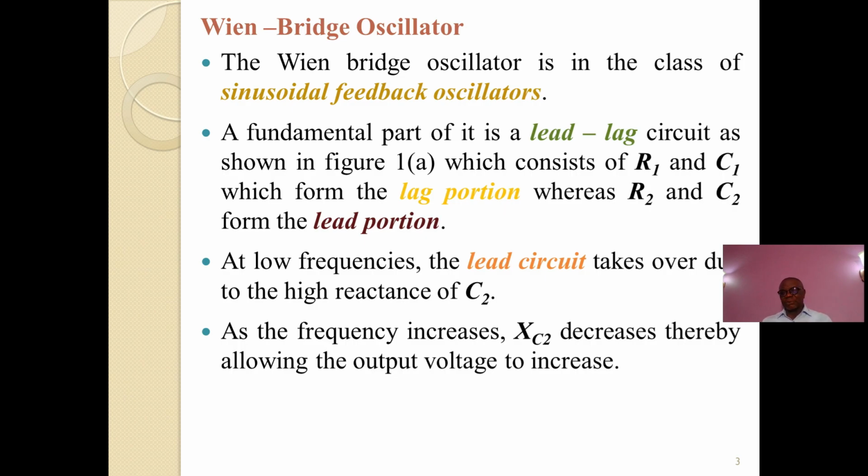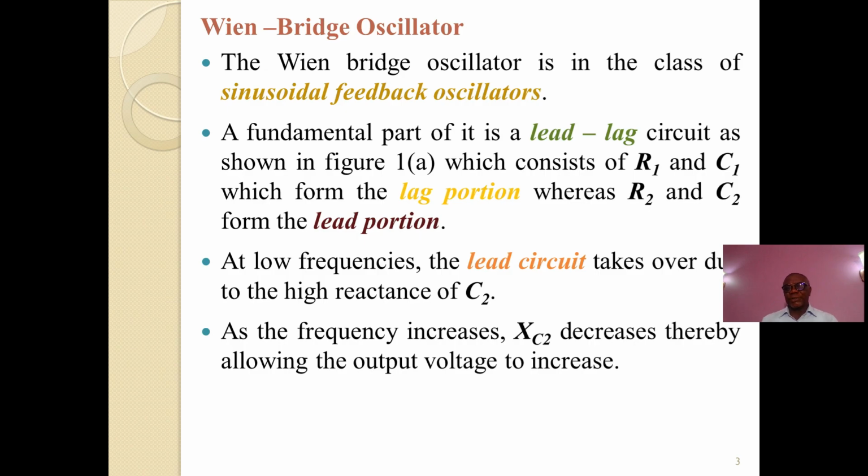In that class, we'll be looking at the Colpitts Oscillator. Then we will quickly look at the ones that use voltage-controlled oscillators, VCO, in the feedback loop to produce oscillations. So let's quickly start with the Wien bridge oscillator.